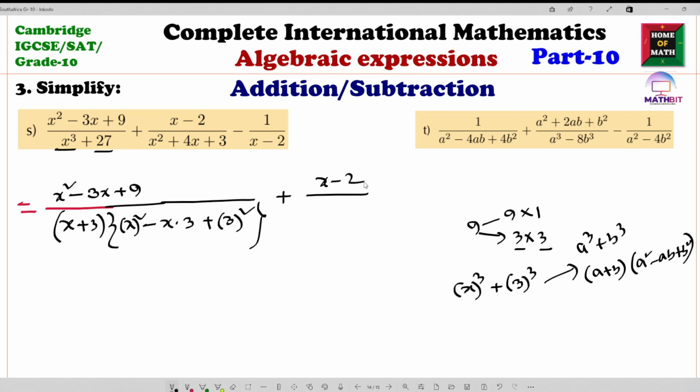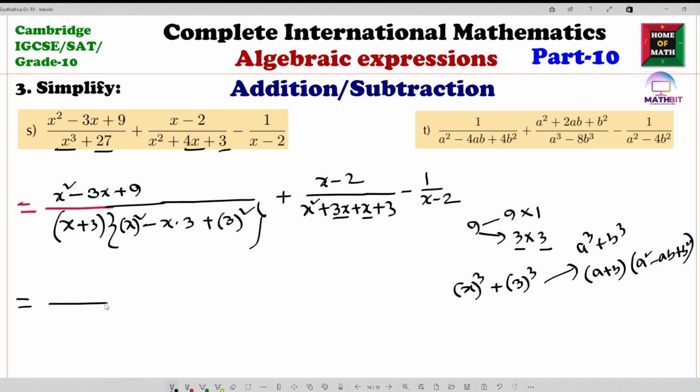Next, x minus 2 divided by x square plus 4x plus 3. This one we can write x square plus 3x plus x plus 3, right? So 3x plus x means 4x and 3 times 1 means 3, okay, minus 1 divide x minus 2.